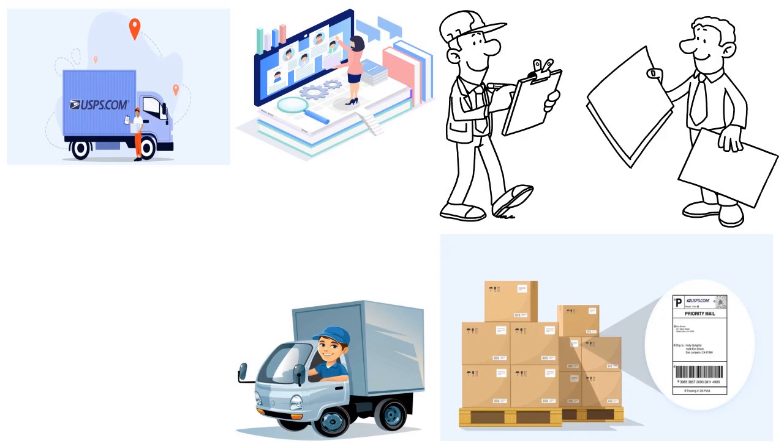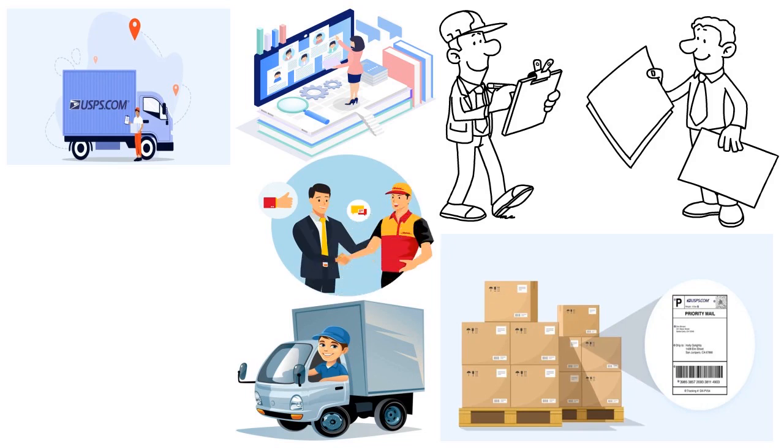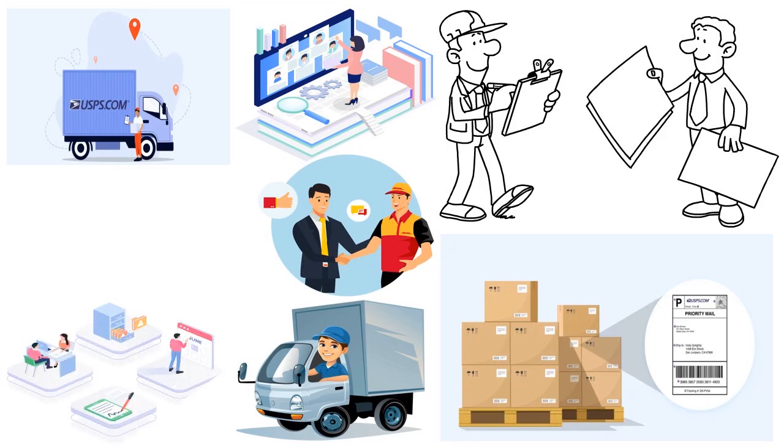But everything starts with you choosing the right service. Don't forget that. Choose the right service before printing the USPS shipping label, because you don't have the same type of info whether you choose Priority Mail Express, Priority Mail, First Class Mail, USPS Retail Ground, or USPS Media Mail.